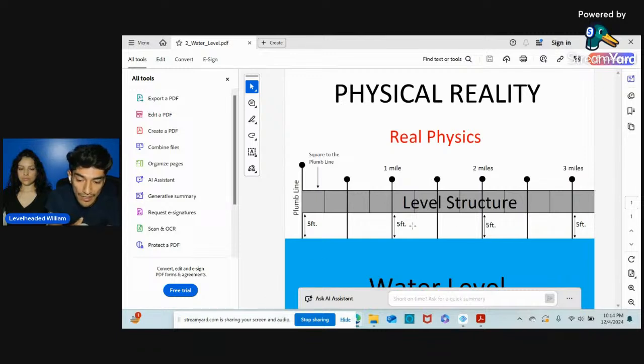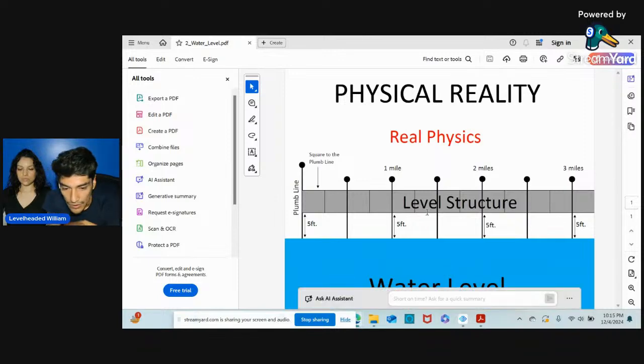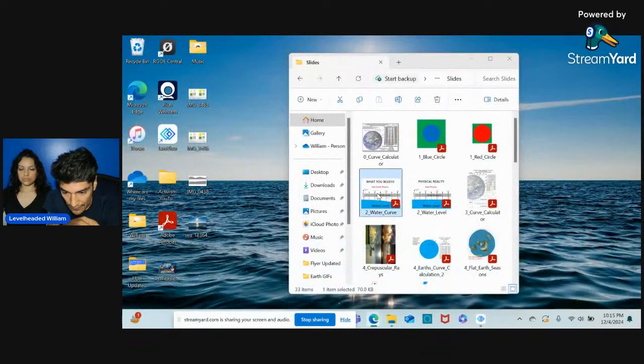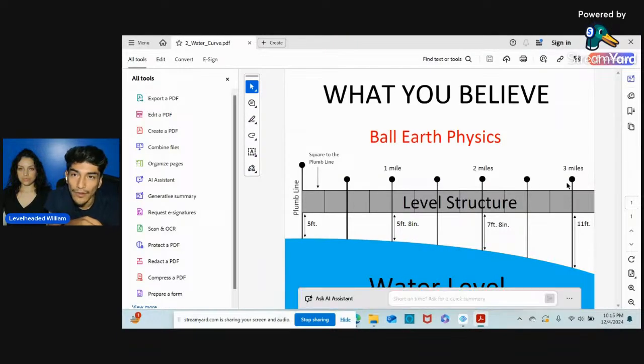In other words, it's always going to be horizontal, because water doesn't have the physical ability to maintain a shape on the surface. It will always take the shape of the container, but the surface will always be a level plane. So they're trying to tell us that the surface of the lake is curving 6 feet in 3 miles. But we understand, again, the physics of water when contained at rest makes it a physical impossibility for that to happen.